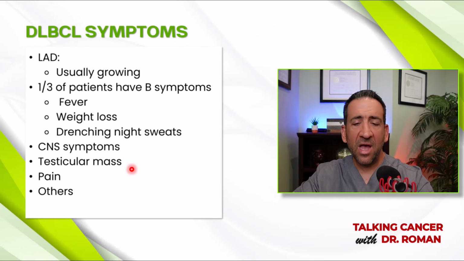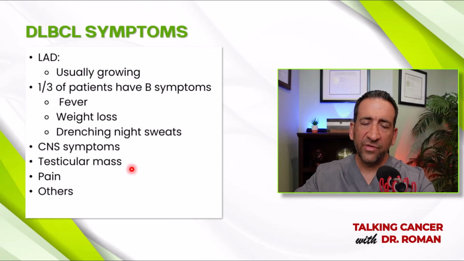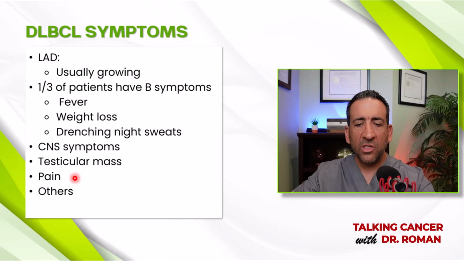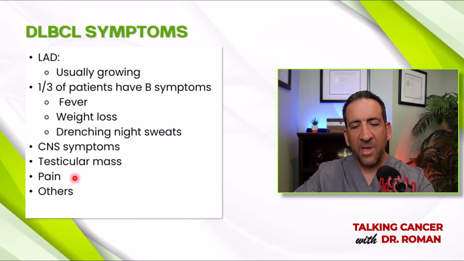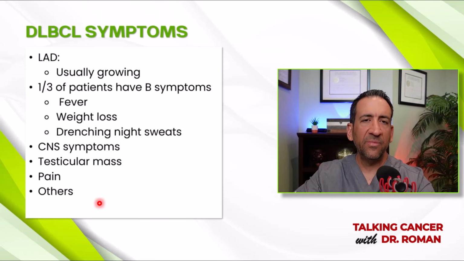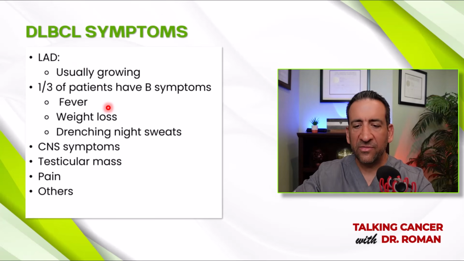I've seen that a few times, especially in an older person that has a testicular mass, or a mass anywhere in your body for that matter. It could suggest that you have lymphoma. Also pain, of course, as with any cancer. If you have tumor pressing up against a nerve root or pushing up against an organ, this can cause pain. And there are other symptoms that patients present with, but by far, the lymph nodes and the B symptoms are the ones that I usually see in my clinical practice.